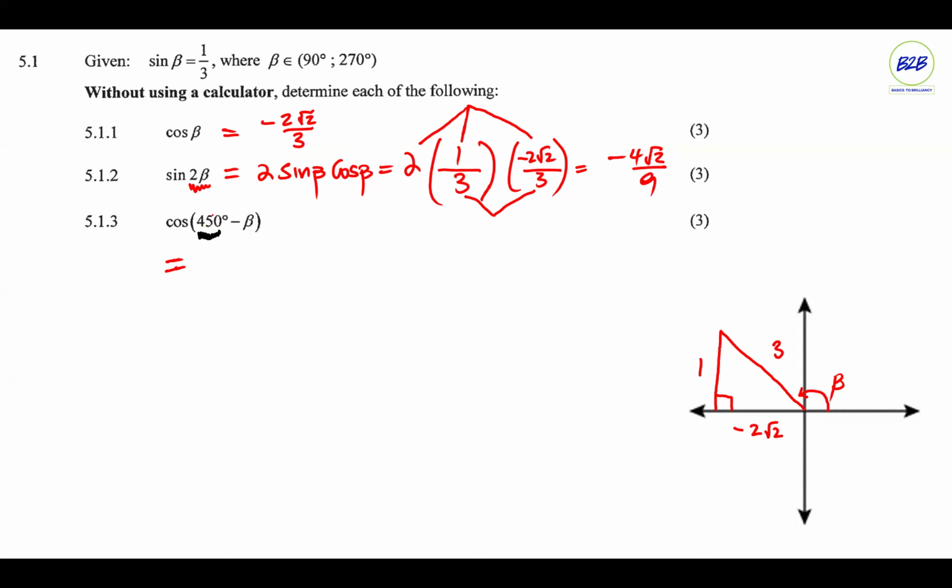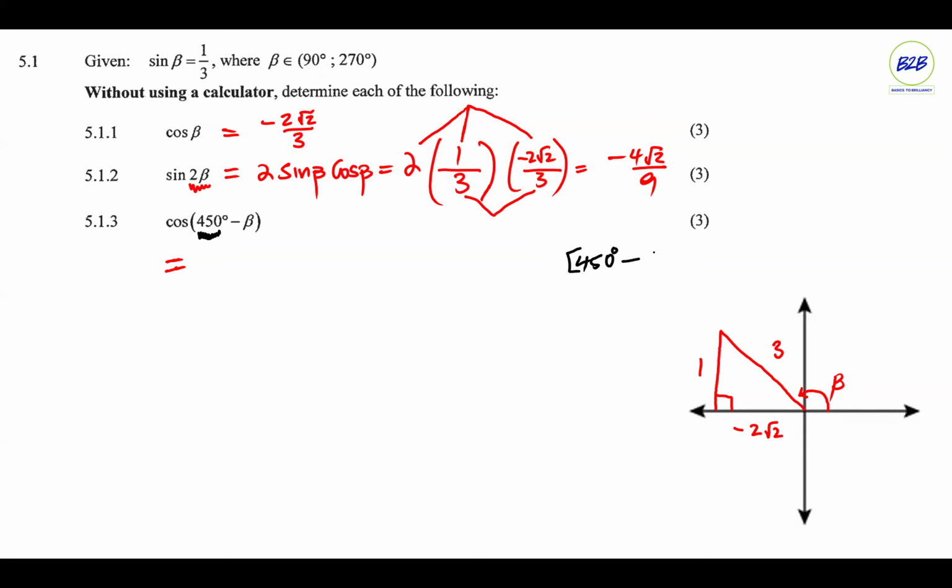The problem here is 450 degrees. What is the problem with that? It is bigger than 360 degrees.